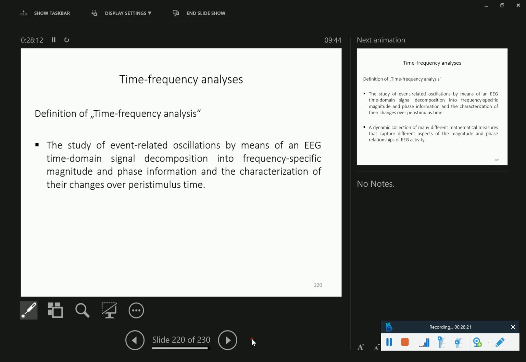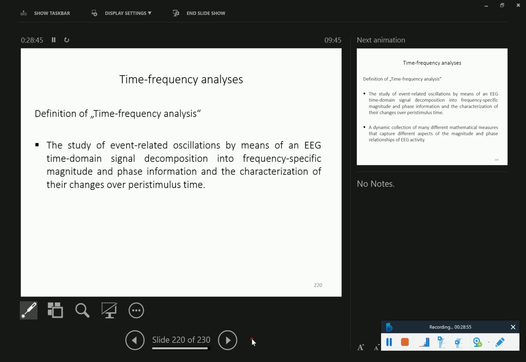What then is a definition of time frequency analysis? Because definitions are always good. Time frequency analysis is the study of event-related oscillations. So you're still thinking in the event-related paradigm. There is some experimental paradigm, and you know when something happens, for example a stimulus onset or a motor response. So there is an event, and it's the study of event-related oscillations by means of an EEG time domain signal decomposition into frequency-specific magnitude and phase information, and the characterization of their changes over peristimulus time.